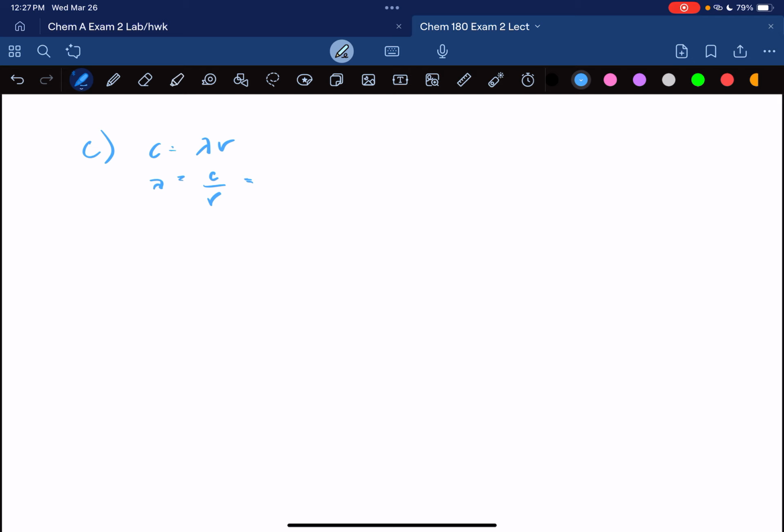Meter. It should be a length unit, right? Because we're talking about wavelength, so you have a length unit. In this case, it's meter. So I have 2.47 times 10 to the minus 7 meters. Is that good, everyone?